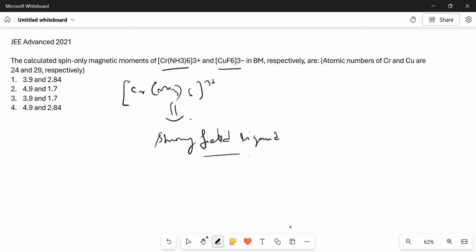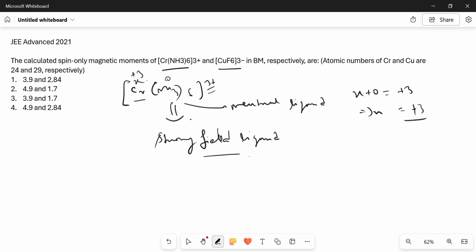Then you have to find the oxidation state of chromium. NH3 is a neutral ligand, so it contributes zero oxidation state. If we consider it X, then X plus 0 equals plus 3, so X is plus 3. So chromium is in the plus 3 oxidation state, because this is a cationic complex with 3 plus outside of the sphere.